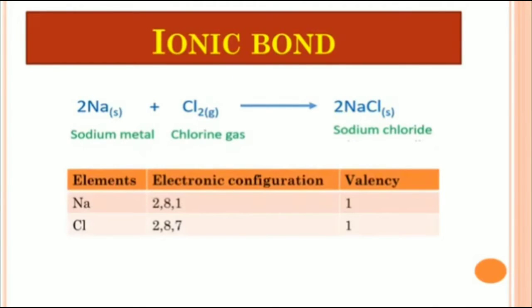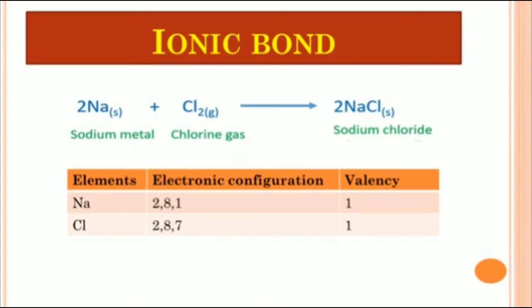The electronic configuration of sodium is 2, 8, 1 and its valency is 1. That means only one electron is there in the outermost shell. In chlorine, the electronic configuration is 2, 8, 7, where the valency of chlorine is 1, meaning it requires one electron to complete its octet.